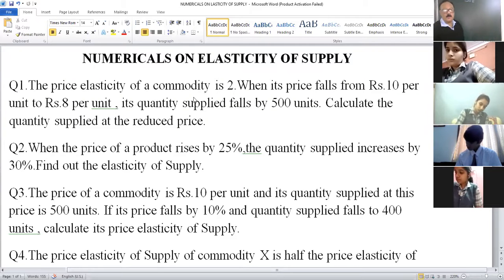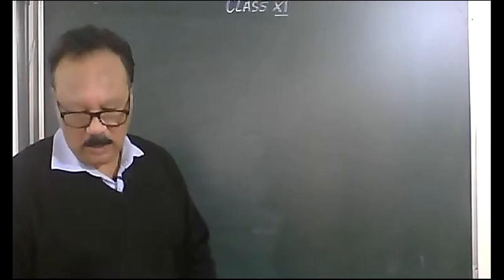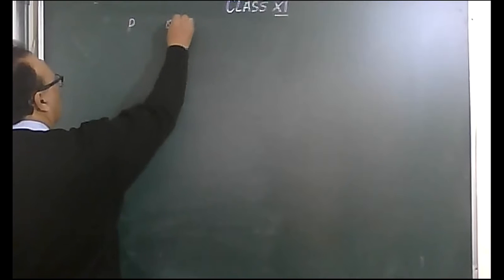The price of a commodity is rupees 10 per unit and its quantity supplied at this price is 500 units. If its price falls by 10% and the quantity supplied falls to 400 units, calculate its price elasticity of supply. Okay, let us put down what we have. We have the price and the quantity supplied.